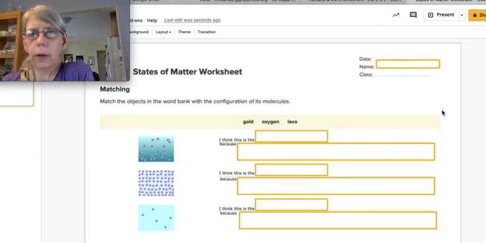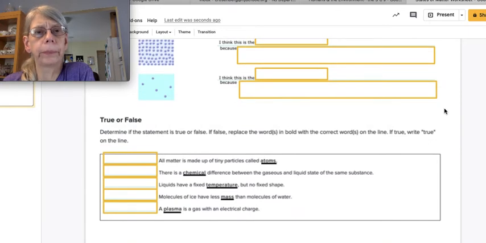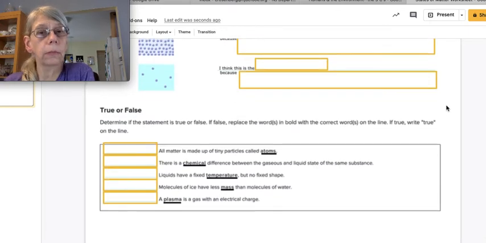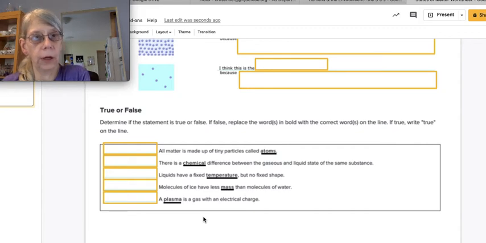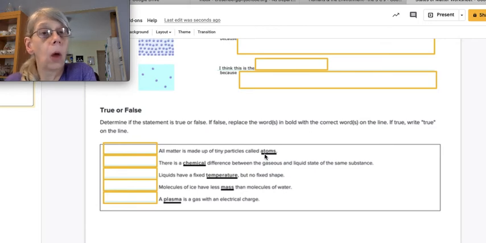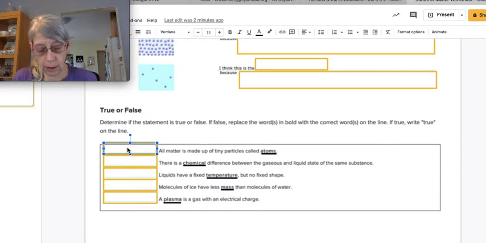All right, and then there's another section on the worksheet. There we go. True or false? All right, now it says they're in bold. I also underlined them, the words that you may have to change. Okay? For example, all matter is made up of tiny particles called atoms. Well, if that's true, then you just click here and type true.